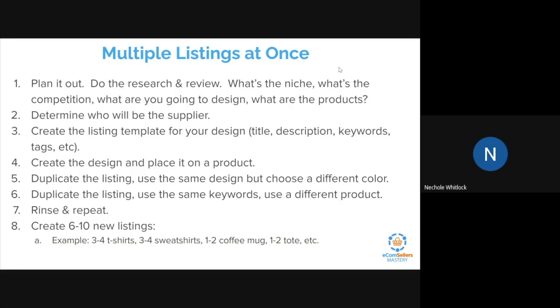Maybe I worked for 30 minutes to an hour, or 45 minutes, on this first part. And then I spend 2 minutes putting it on another product, creating that other listing, another 2 minutes putting it on another product, creating that listing. So in that 1 hour, I've created 10 different listings with the one design that I focused on, did my research, created my template, and you can expedite that process.